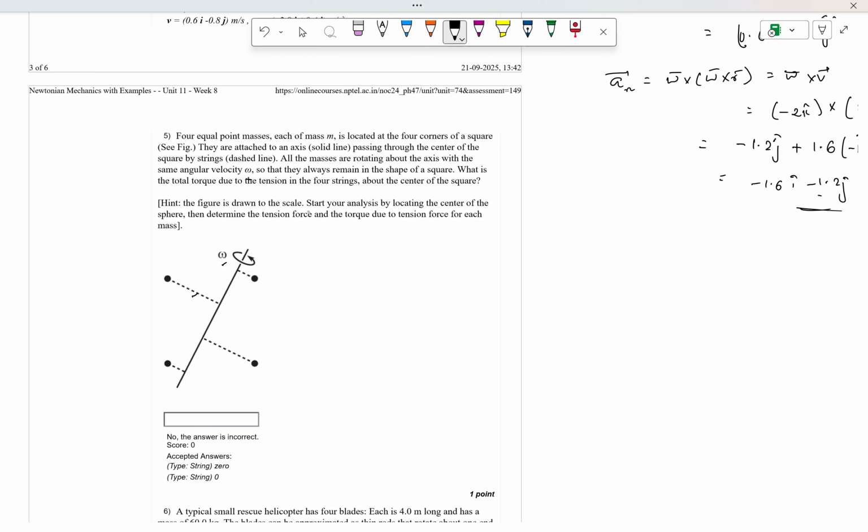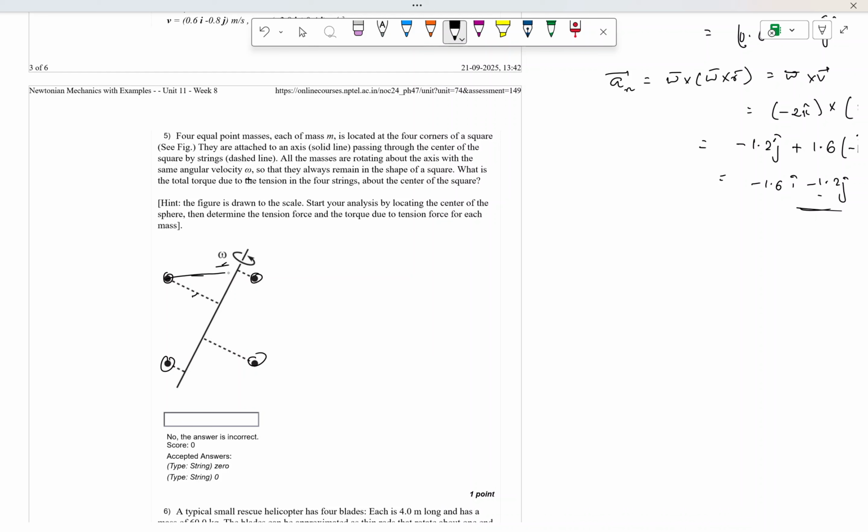The hint is that the figure is drawn to scale. Start the analysis by locating the center of the square, then determine the tension force and the torque due to the tension force for each mass. So they are saying that these 4 masses, if you join them, are sitting at 4 corners of a square.